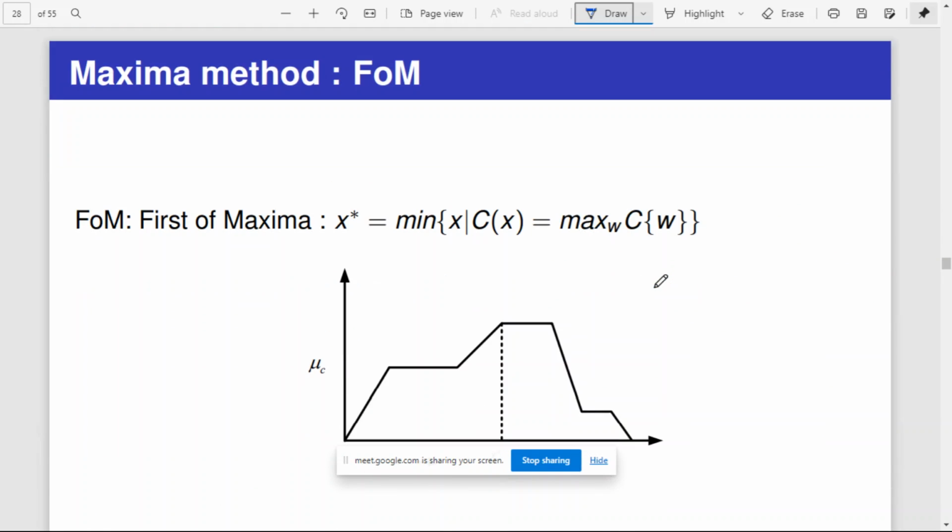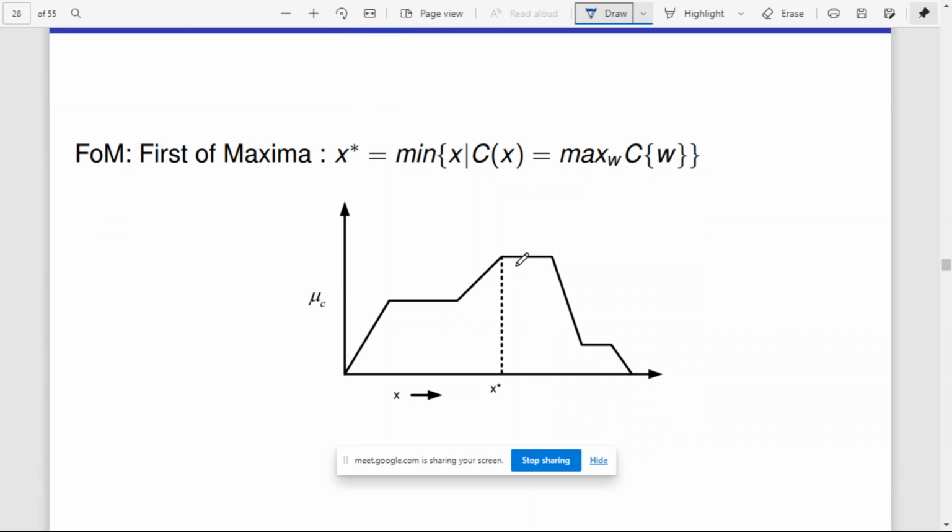The next method is called FOM, first of maxima. As the name itself says, this technique allows more than one maximum value, but if there are more than one, it will take the x value which gives the first maximum value.